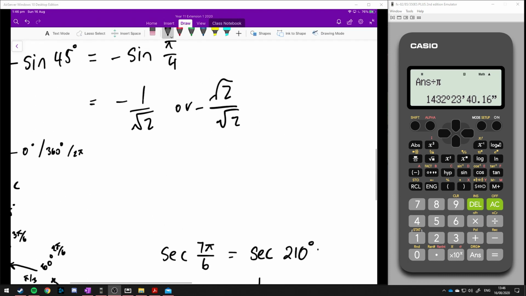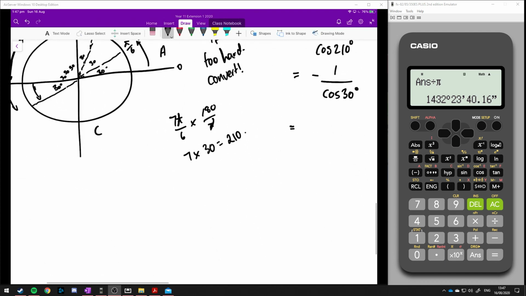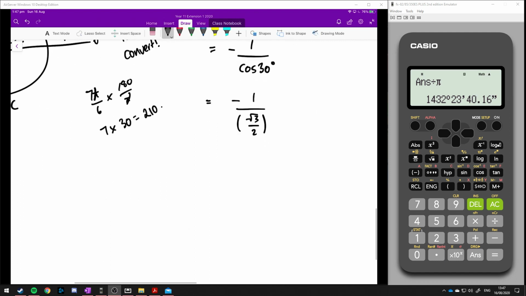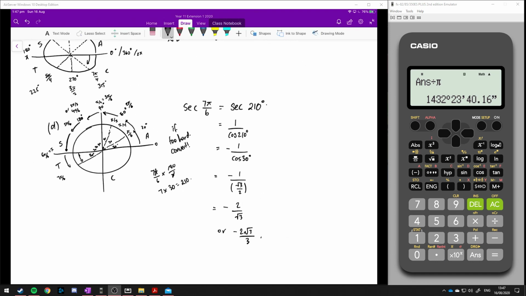Cos of 30 is adjacent over hypotenuse, so root 3 over 2. So this is minus 1 on root 3 over 2, which is the same as minus 2 on root 3, or minus 2 root 3 on 3. And there we go, that's some simple conversions.